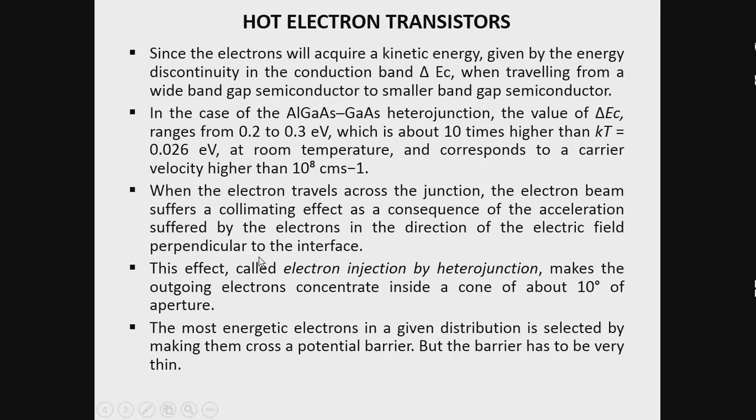This effect is called electron injection by heterojunction, which makes the outgoing electrons concentrate inside a cone of about 10 degrees of aperture. The most energetic electrons in a given distribution are selected by making them cross the potential barrier. But in order to cross the potential barrier, the barrier has to be very thin.